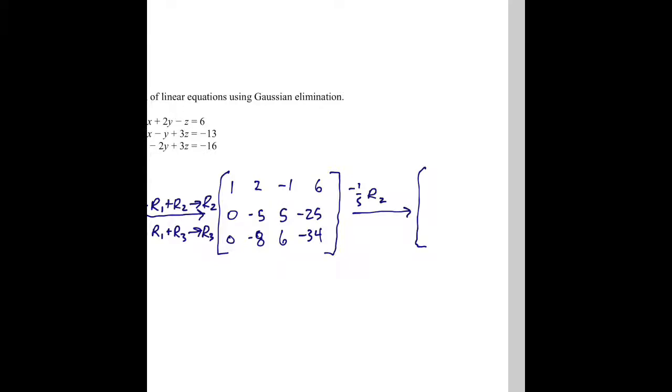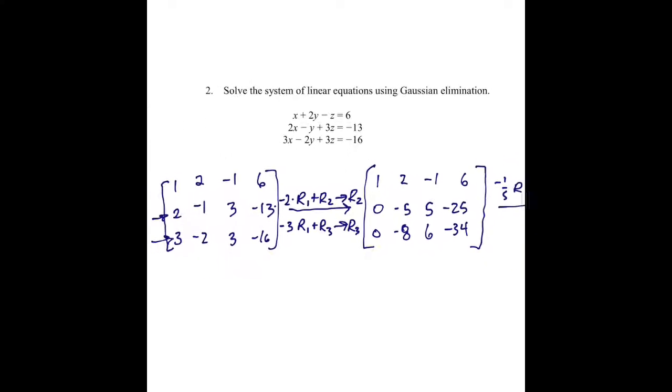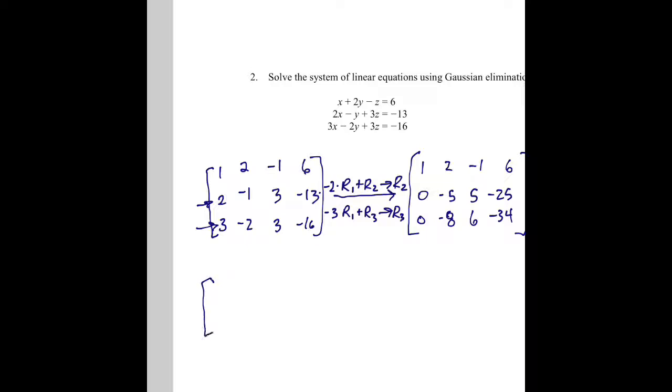So that's going to be 0 divided by negative 5, negative 5 divided by negative 5, 5 divided by negative 5, negative 25 divided by negative 5. Sorry, that became a new row 2. There we go. So let me copy that over here.